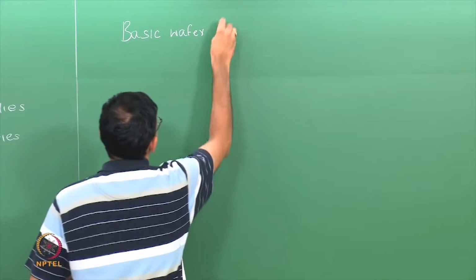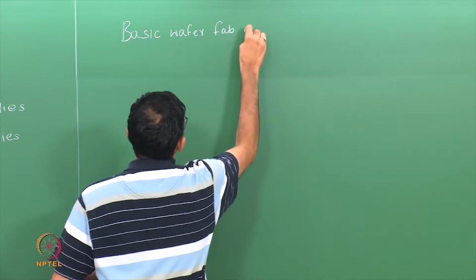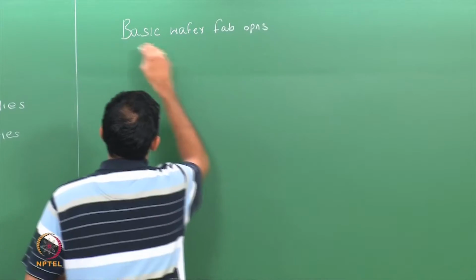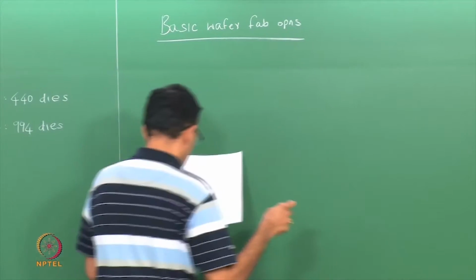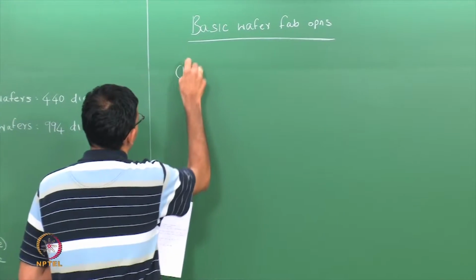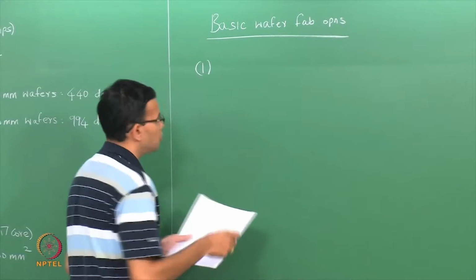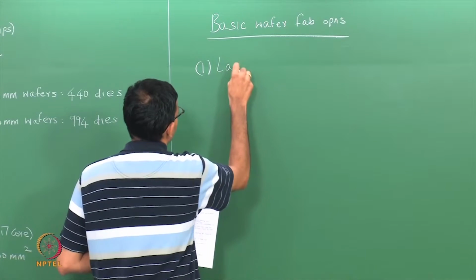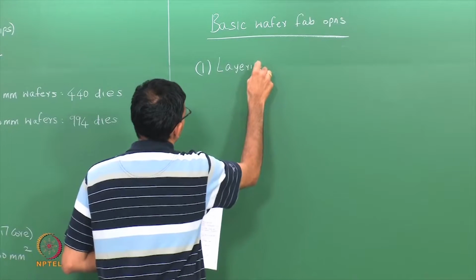So, the basic wafer fab operations can be divided into 4 categories. The first one is called layering, and we will look at each of them today.